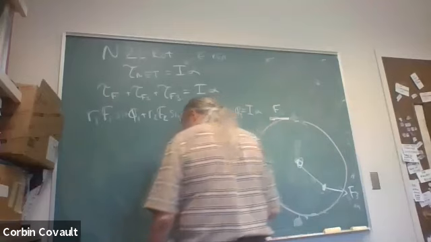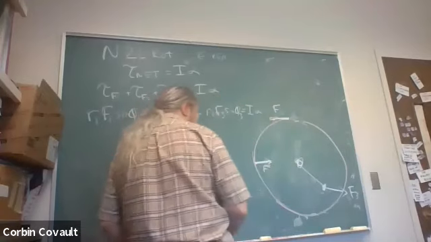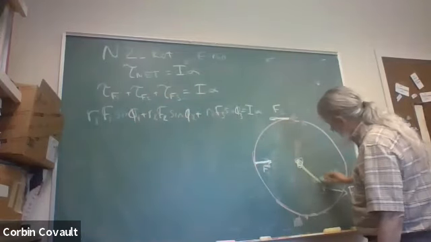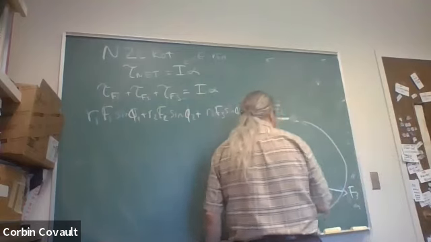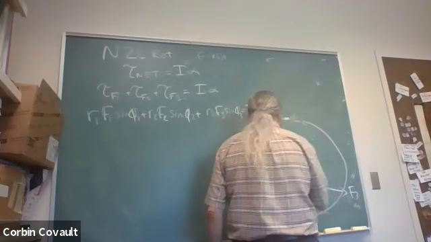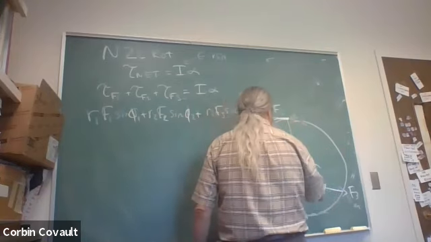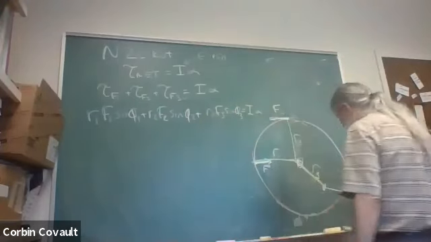So let's actually work out the radiuses. I'll do the radiuses in green. I've done the forces in white. So this radius here, that's r sub 3. This radius here, that's r sub 1. And this radius here, that's r sub 2. And then what about the angles?